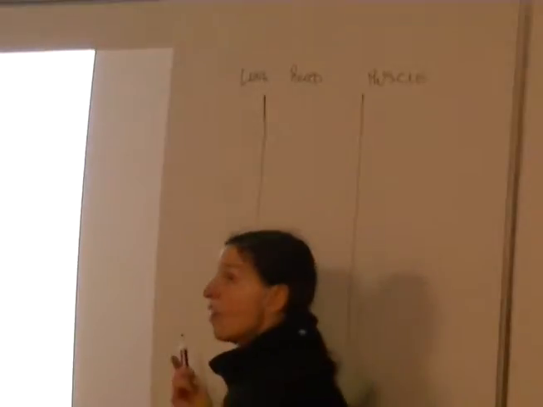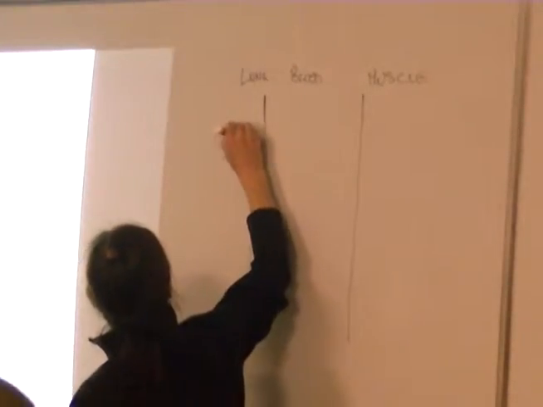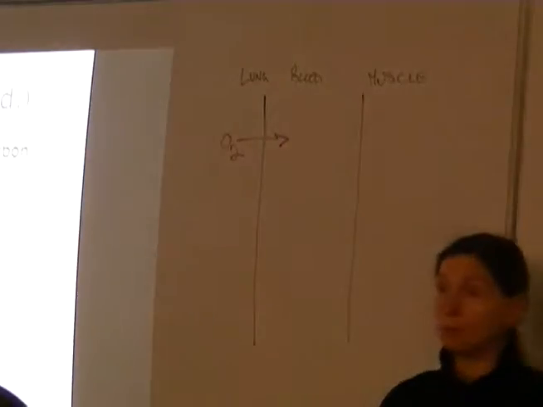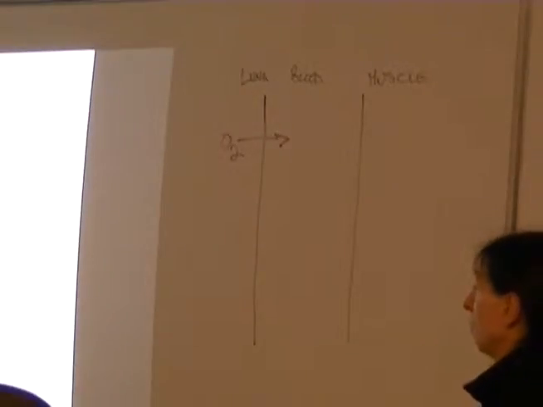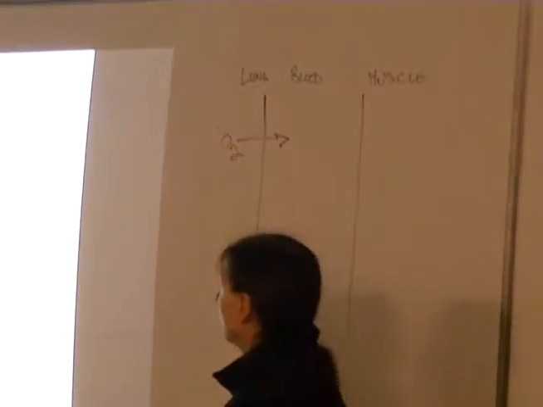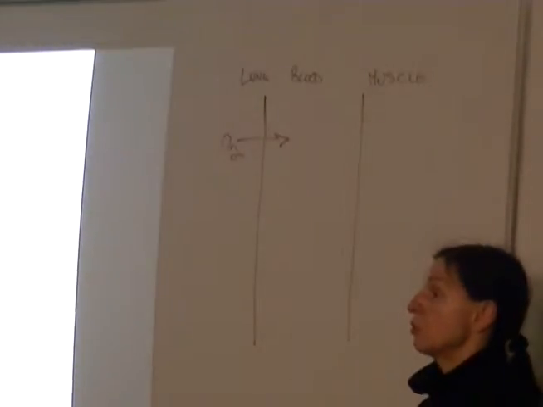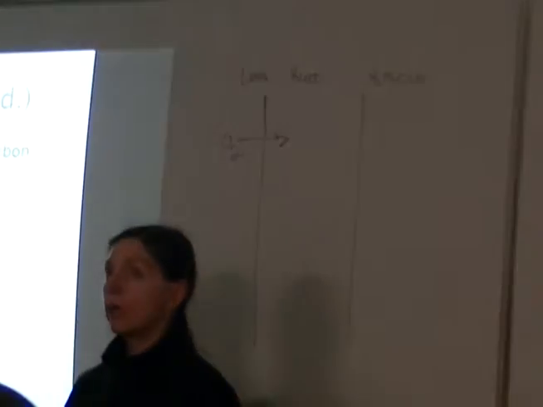So, if I want to move oxygen out of the lung into the blood, where's the high and where's the low? Which direction do we move in? Low to high or high to low? High to low.